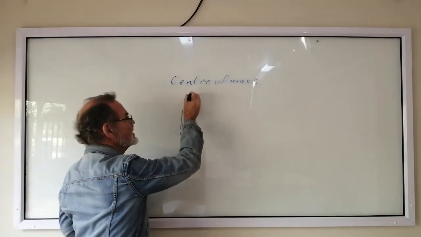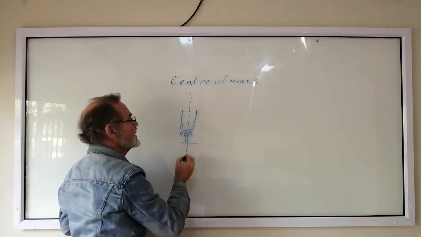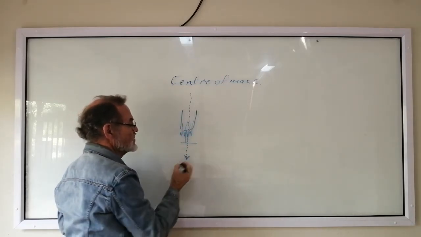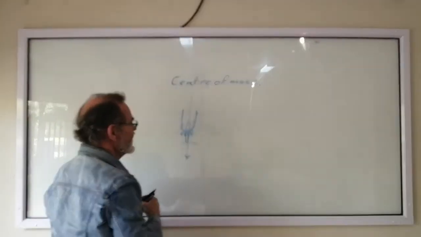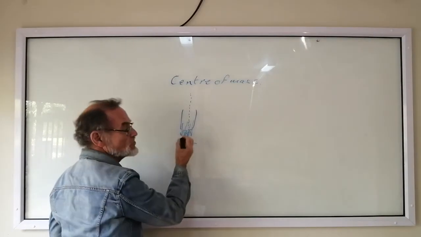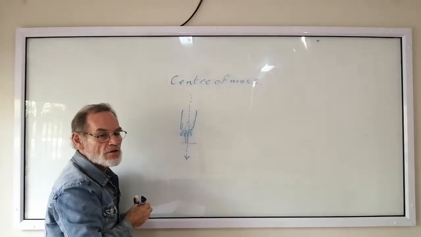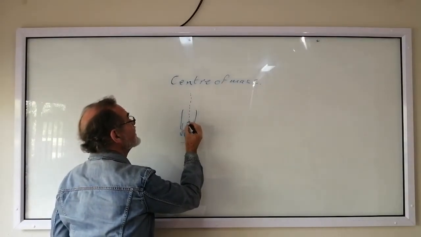So we can actually view all these forces from the glass pushing down as one force going through the middle of the glass. And that middle of the glass, this dotted line, will pass through the center of mass of the glass, which will be somewhere over here.